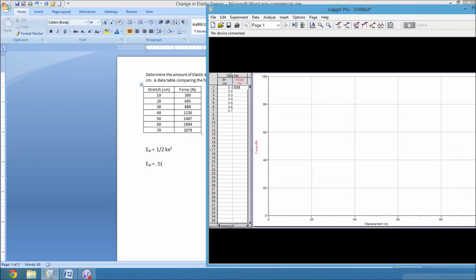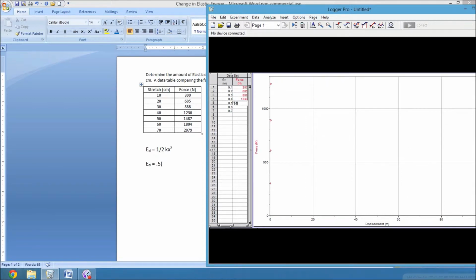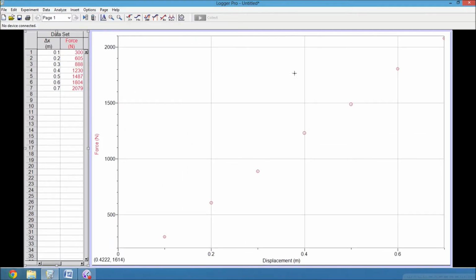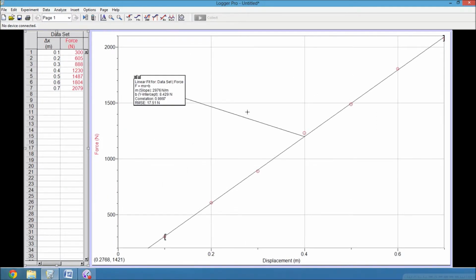At 10 centimeters, there was 300 newtons, and then it went up by 305, and so on. 1230, 1487, and 2079. All right, let's make it visible, and there is our best fit line. It looks like our slope is 2976.